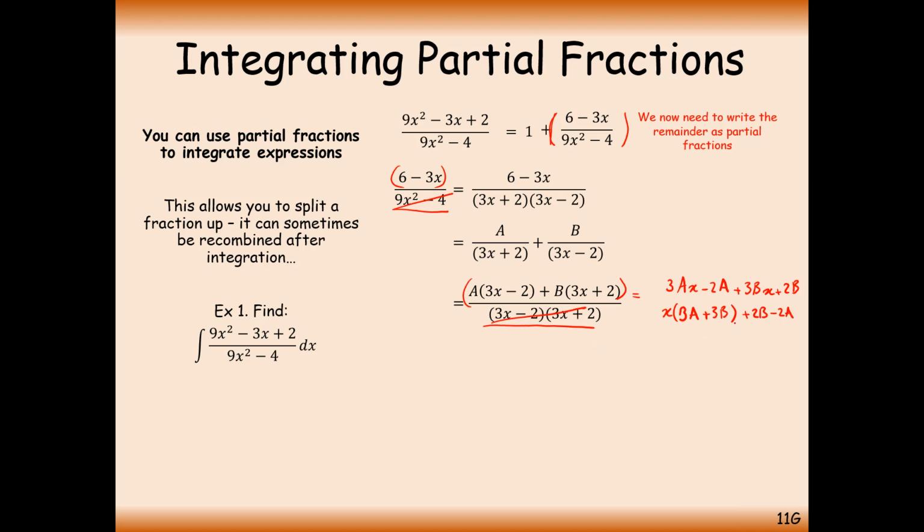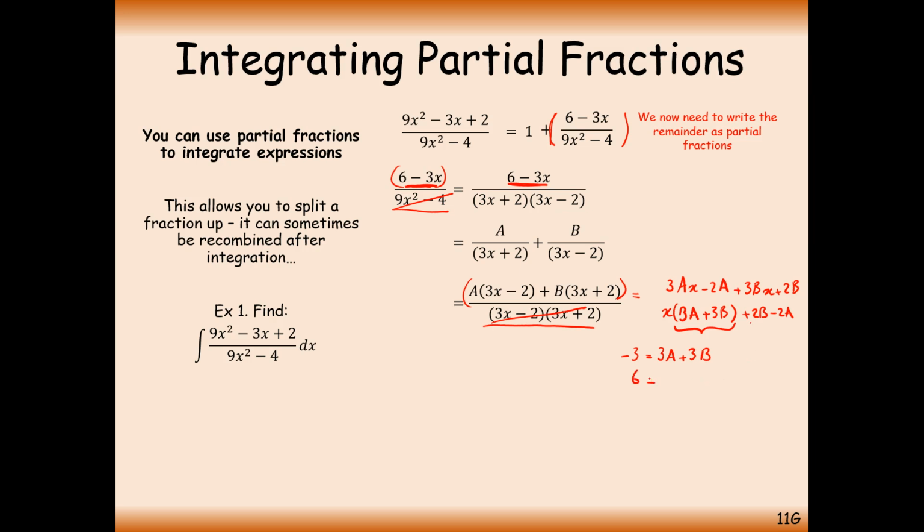Now we're going to equate the coefficient of x with the coefficient of x in the numerator up here, the same thing. The coefficient of x is minus 3, and we have 3A plus 3B. That's one of our simultaneous equations. The constants add up to 6.